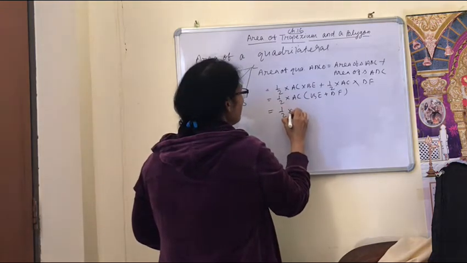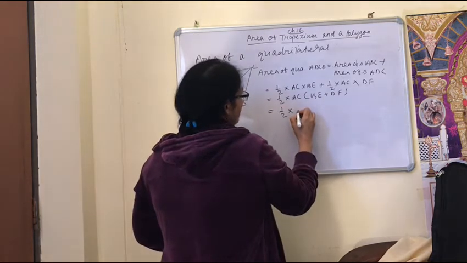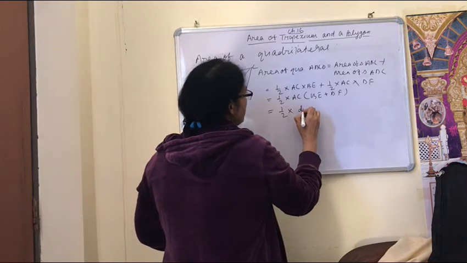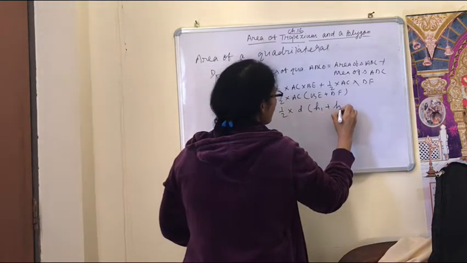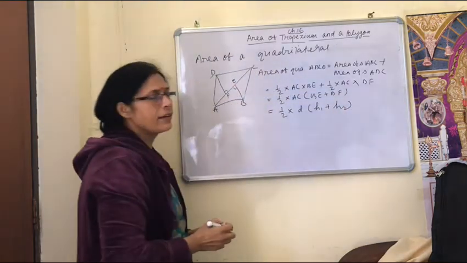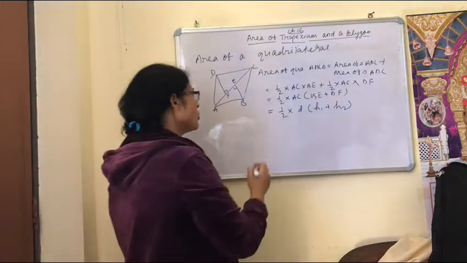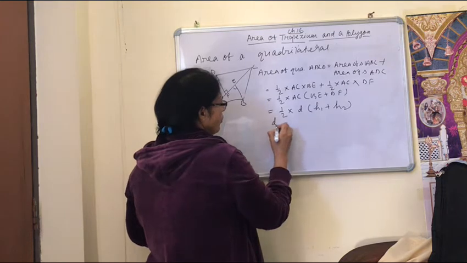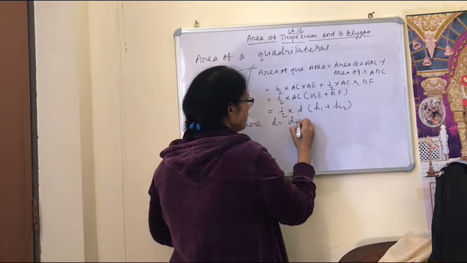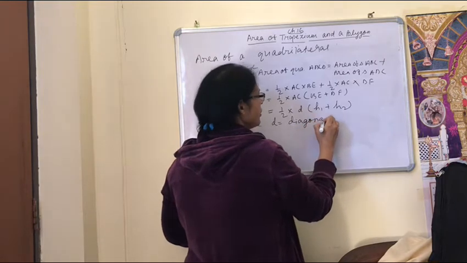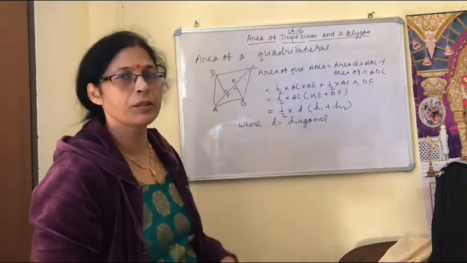Half into D into H1 plus H2, where D is the diagonal, any one diagonal, not only AC, it may be BD.